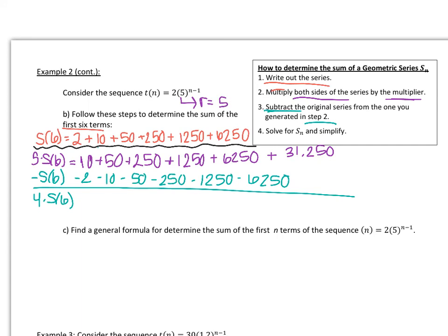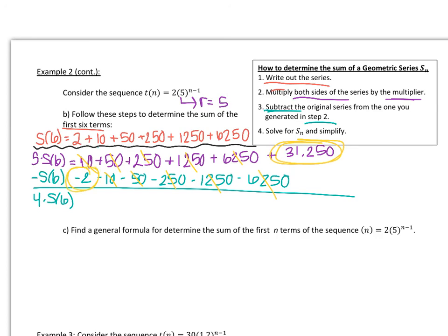What you'll notice, or hopefully what you're seeing here, is that the 10 minus the 10, 50 minus 50, 250 minus 250, so many of these terms end up canceling out when I do this subtraction. And what I'm left with is this very last term here and this negative 2 here.